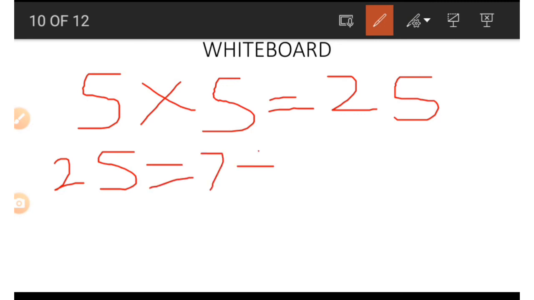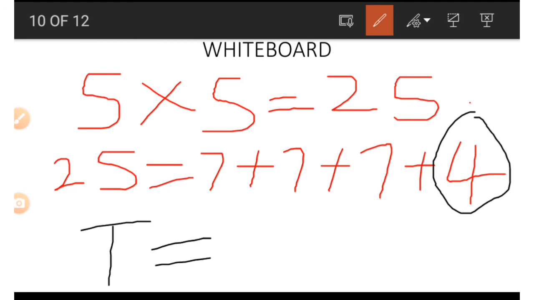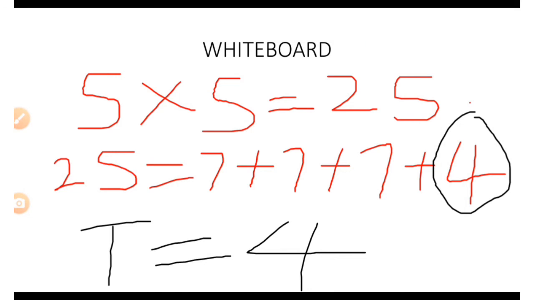So we have 7 plus 7 plus 7, that's 21, plus 4. That gives us 25. It means that extra number, which is 4, is the number we are going to write down in that table. So T is 4. This is how we deal with problems of modulo table.